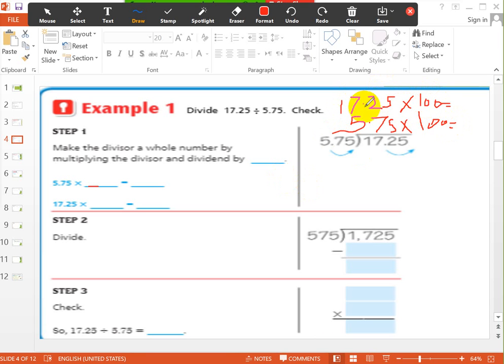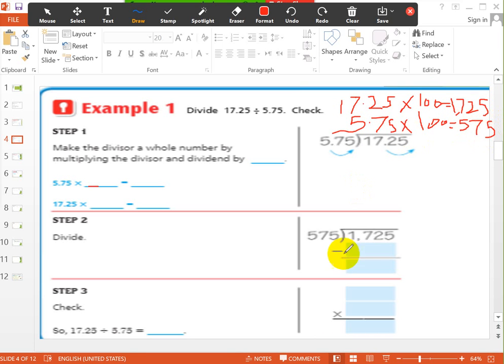This is the first one, this is the second one, so it will be right here. So the number will be 1725. This is the first number. What about the second one? I will move this point 2 digits, so it will be right here. So the number will be 575.